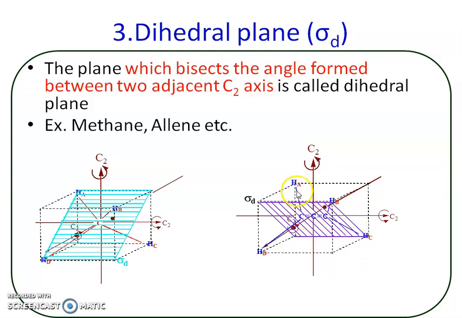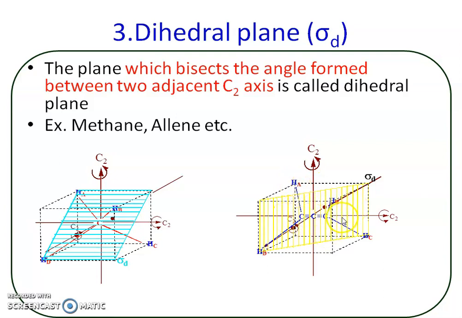Now here there is a reflection of hydrogen A, hydrogen D, and again the 2 side carbons are reflected with each other and we get an equivalent structure. This is the next plane which is passing through hydrogen C, hydrogen D and the central carbon. Now here there is a reflection of HA and HB, their positions will be exchanged.